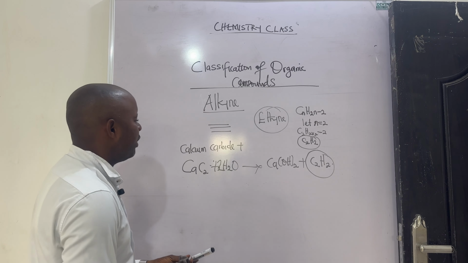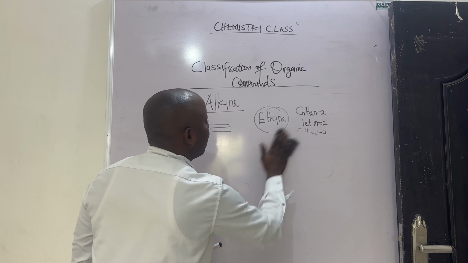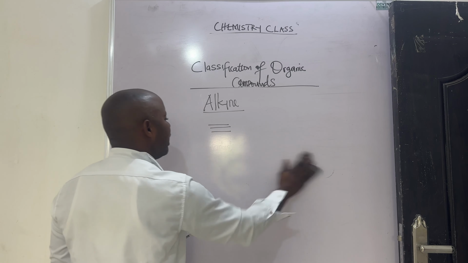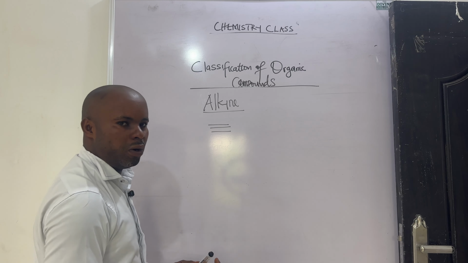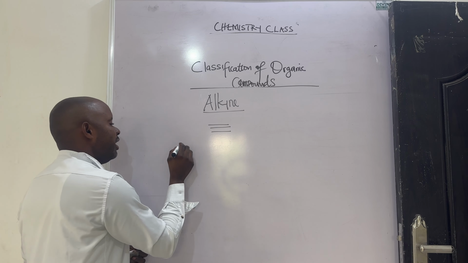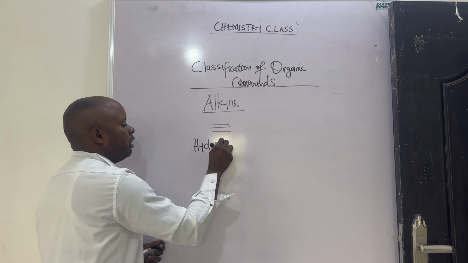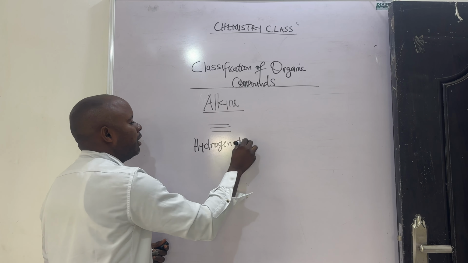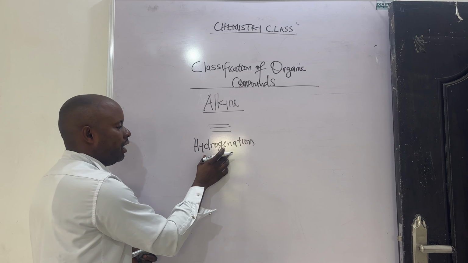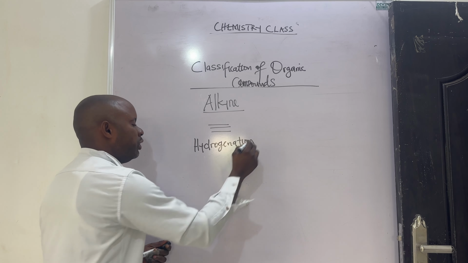They also undergo simple reactions like the double bond family: substitution, combustion, and addition reactions. They also undergo what is known as hydrogenation. In this reaction, the hydrogen used is twice as much compared to the alkene family hydrogenation reaction.